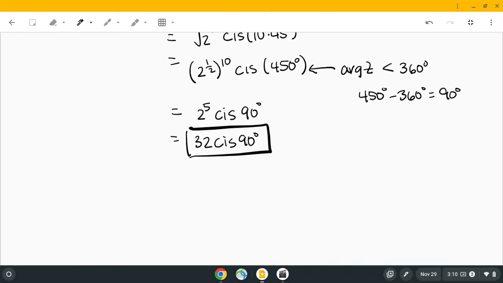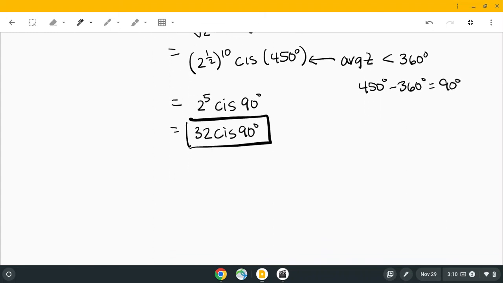If they want you to write your answer in standard form, then you can just work this out: 32 times cosine 90 plus i sine 90. What's cosine 90?